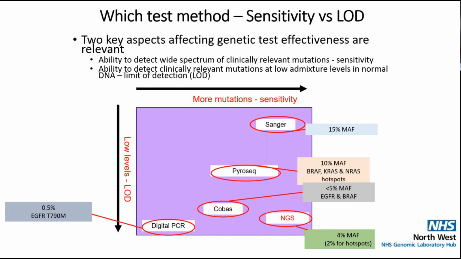Do we need an incredibly sensitive low limit of detection when we're looking for really low level, potentially resistance mutations, or are they generally present in a higher level and therefore we don't need quite such low levels?